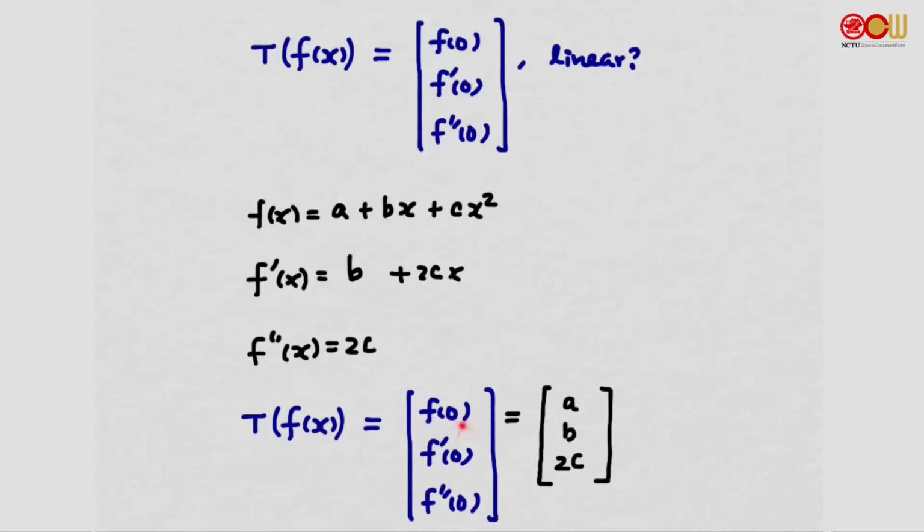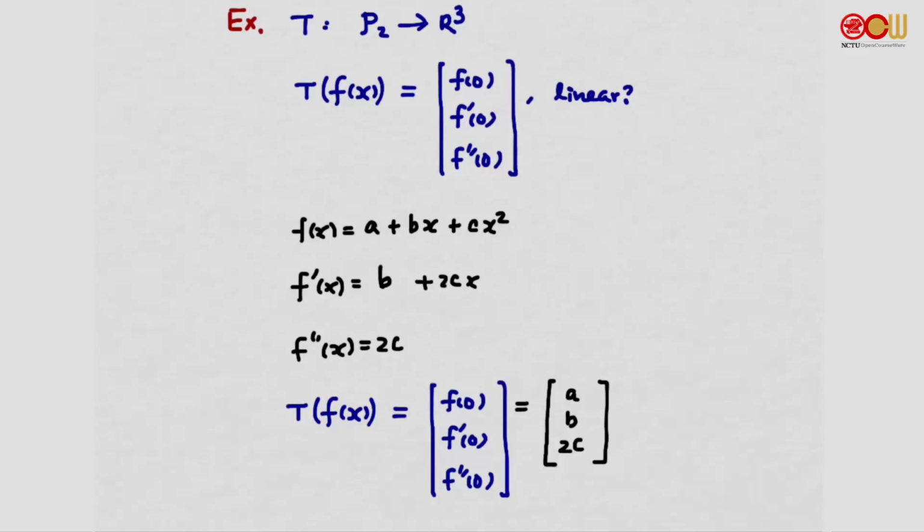So f(0) is simply a, and f prime of 0 is b, and f double prime of 0 is 2c. And we can indeed verify that such a mapping preserves vector addition and scalar multiplication, and so it's a linear transformation.